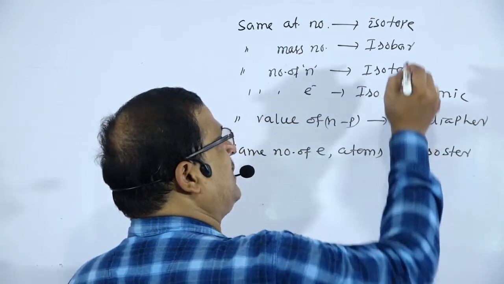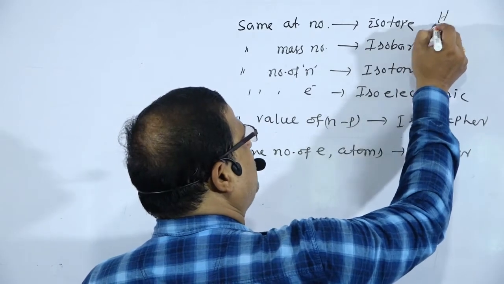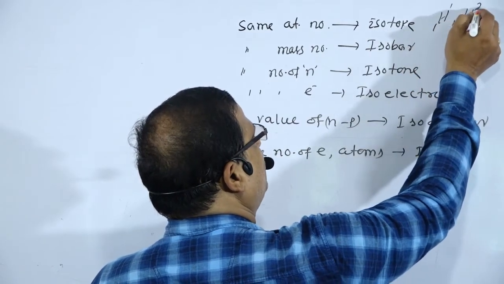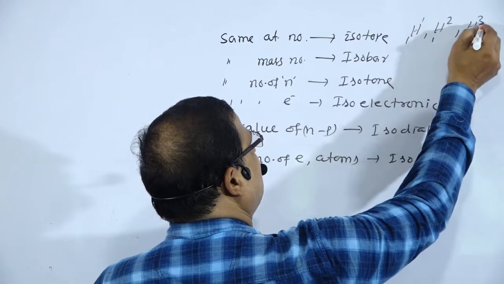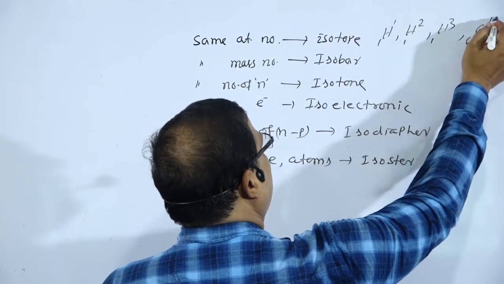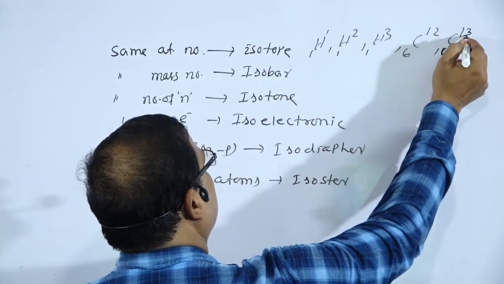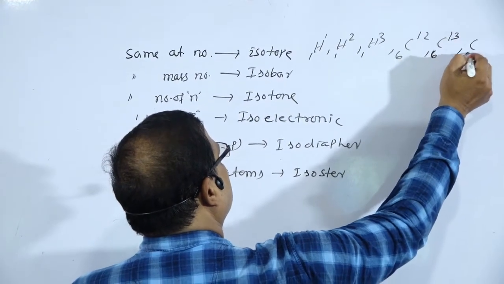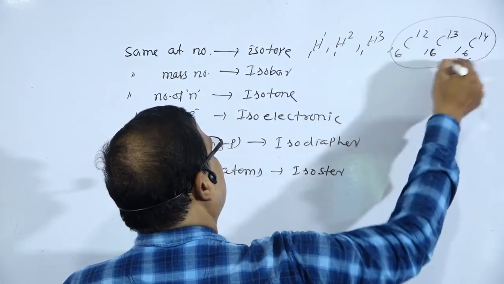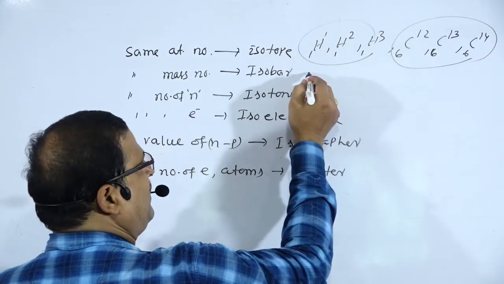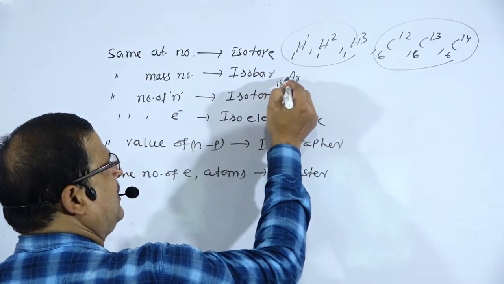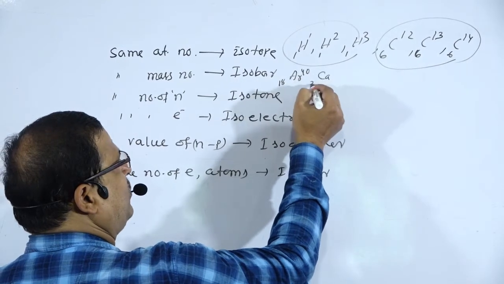Isotopes, which we have described, are 1H1, 1H2, 1H3, or carbon 6-12, carbon 6-13, carbon 6-14. Isobar, that is argon 18-40, calcium 20-40.